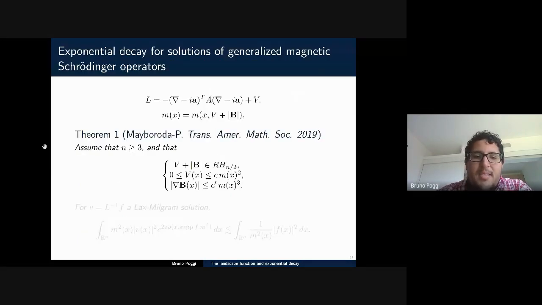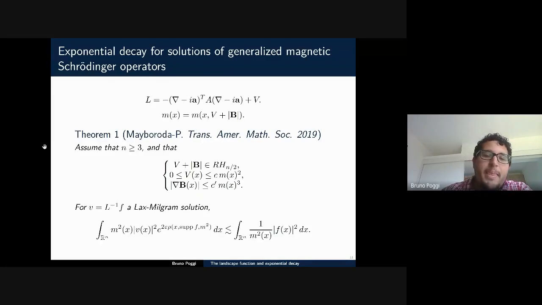Thank you. So the first thing we have here, we consider with my advisor these generalized Schrödinger operators. Uppercase A can be any, not necessarily symmetric, elliptic matrix of bounded measurable coefficients. Boldface A is a magnetic potential, and V is just the electric potential.